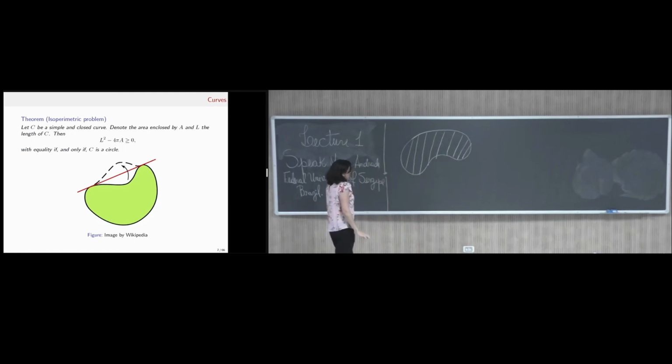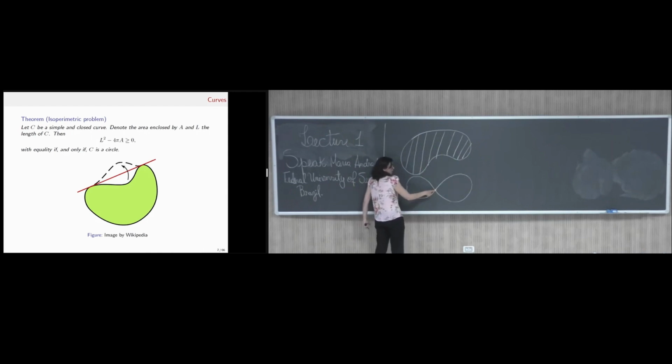And this curve is simple. What does simple mean? For example, this curve is simple, but this other curve is not simple because you have here an intersection, okay? You don't think about this, I think about this.